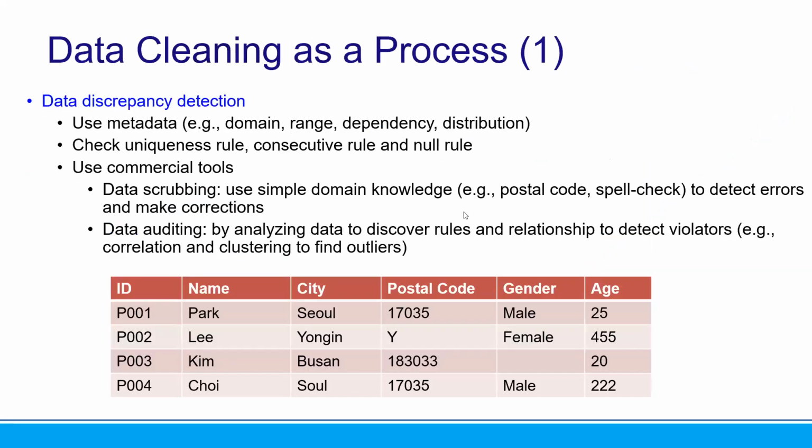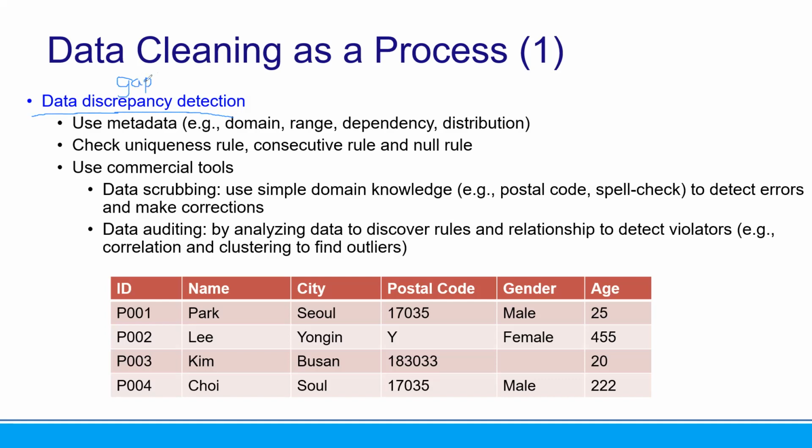When you do data cleaning, we need to understand that it is a kind of process. We can detect the data discrepancy. What does it mean? Data discrepancy means the data gap.